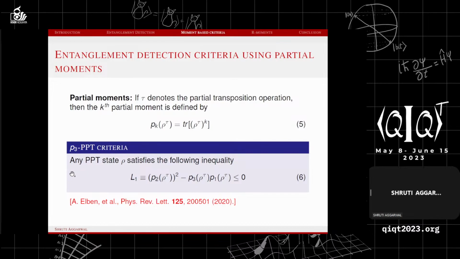The criteria states that if rho is a PPT state, then it satisfies this inequality, and if this inequality is violated, then it is an NPT state. These inequalities given by Albin involve three moments, P1, P2, and P3, of the partially transposed matrix, and this criteria can detect entangled states.